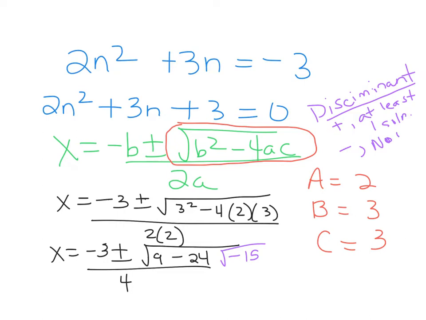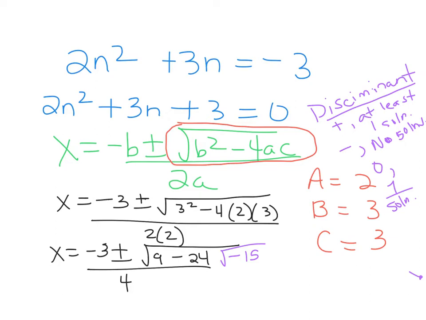Can't factor it, can't use the quadratic formula. So that means there's no solutions, okay? Now, if the discriminant comes out to be an exact 0, that means the problem only has one solution. Now, I'm going to write all of that on the next page just so that you understand. So let's finish this problem, then we'll talk a little bit more about the discriminant.